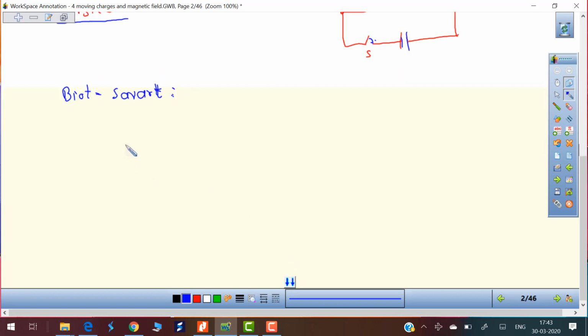So this is one current carrying conductor which carries current I, and this is the place where we want to find out what is the magnetic field.